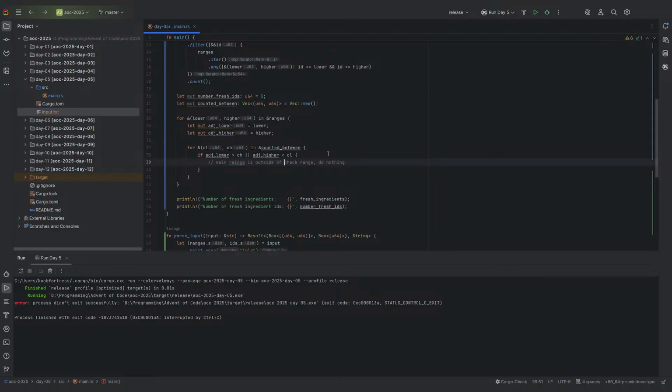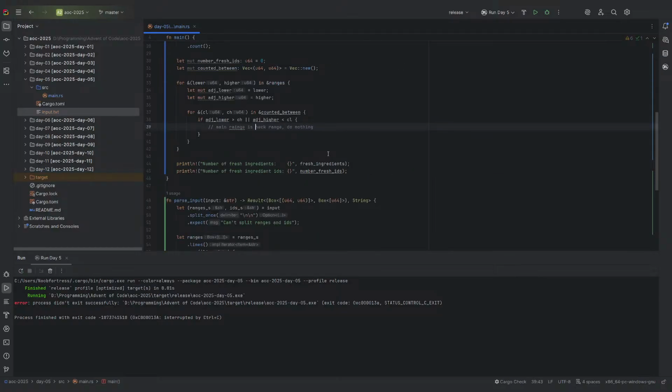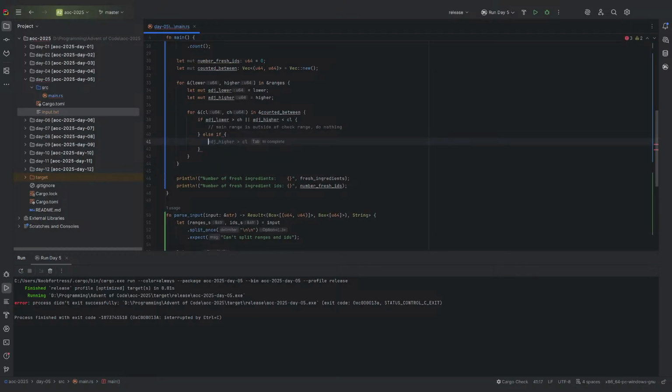So with this, there's just no overlap at all. Instead, let's say the overlap's on the low side only. So this range cuts into it on the low side, for example.